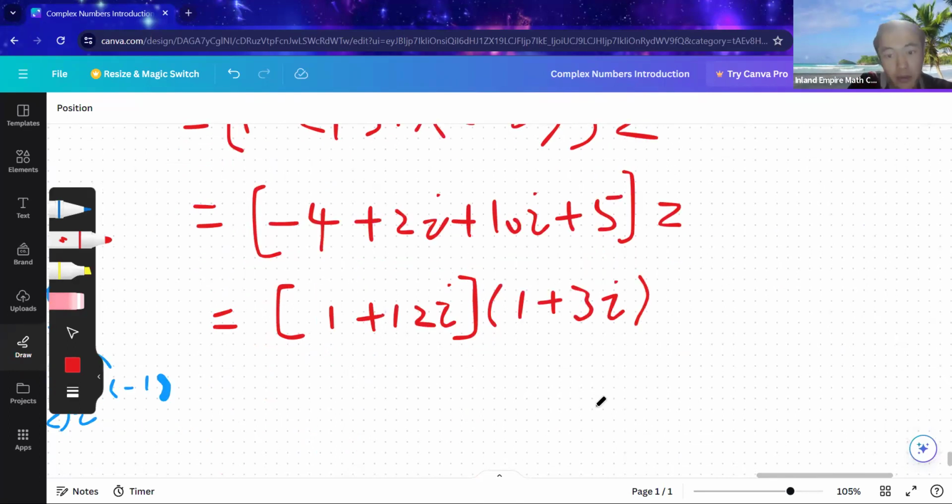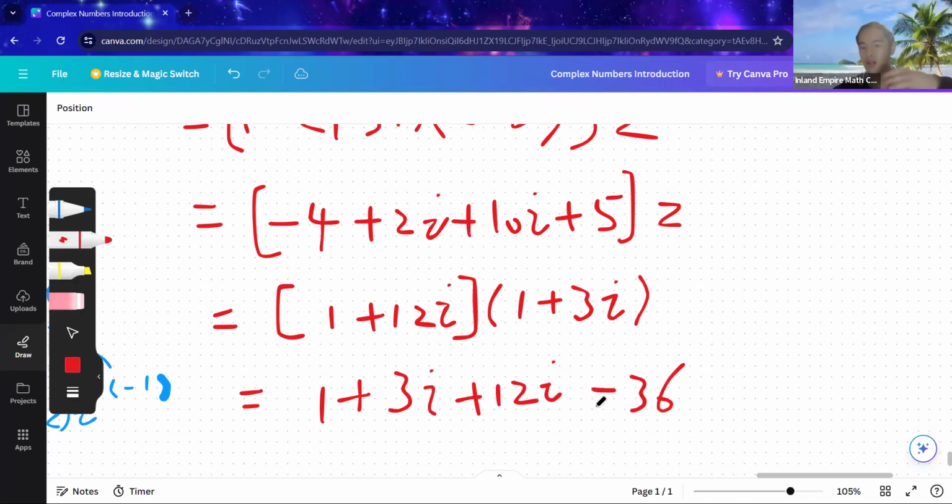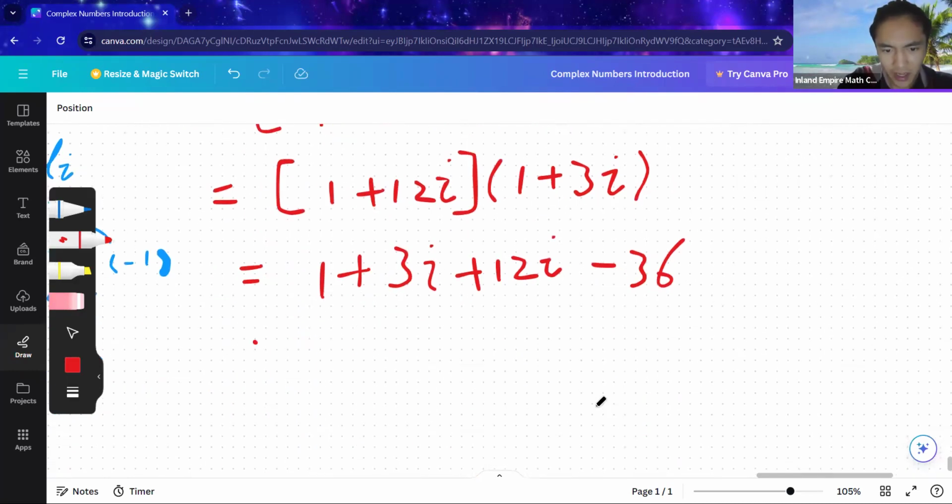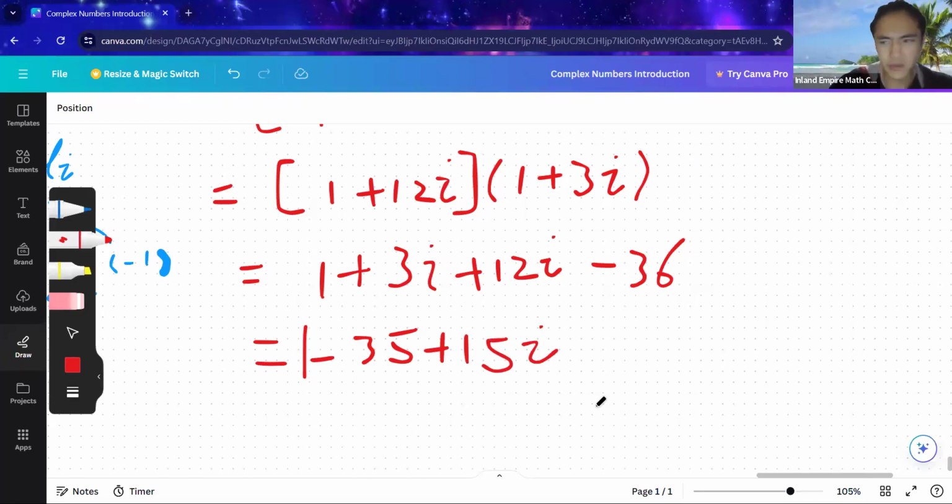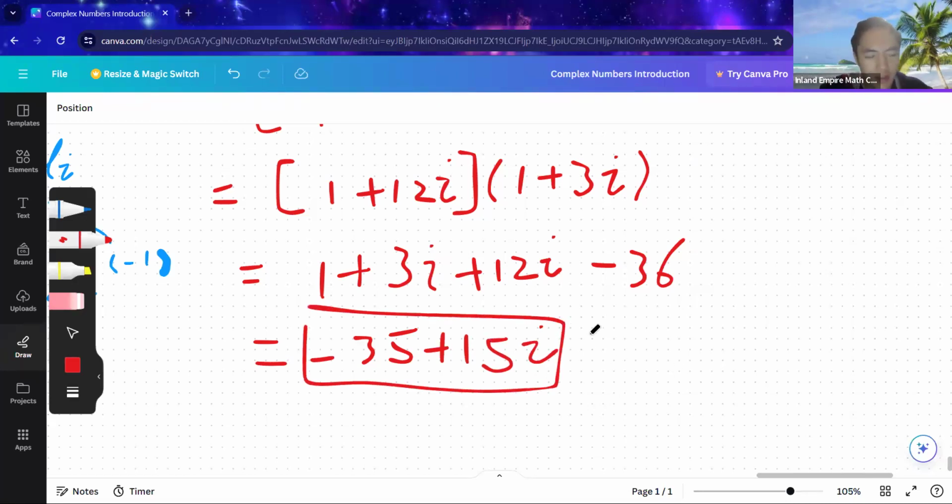Again, simple multiplication question. You have 1 plus 3i plus 12i minus 36, right? Because 12i times 3i is 36i squared, which is just 36 times negative 1. And this should give you negative 35 plus 15i. And that should be your answer. I'm not sure how many of you got that.